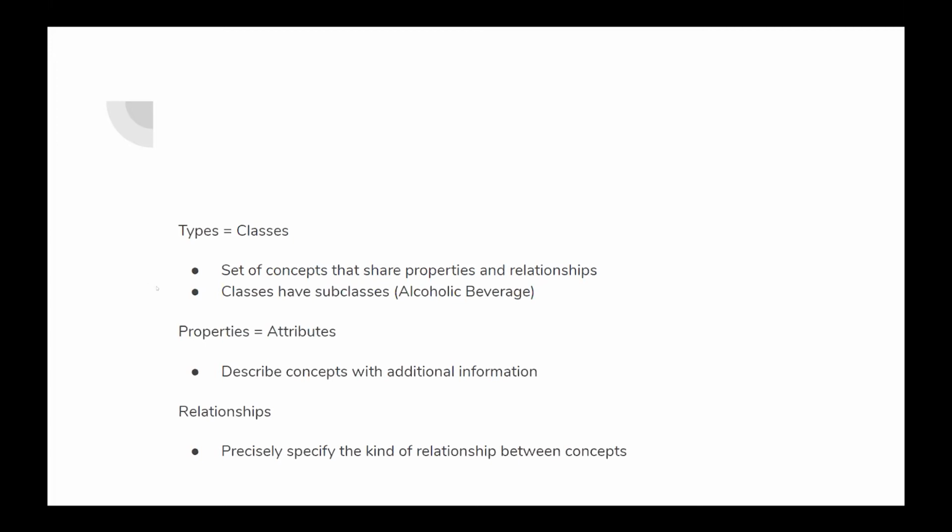So attributes, we call them properties. With properties, we describe concepts with additional information, so if you want to specify further. And then with relationships, you can precisely specify the kind of relationship between concepts.